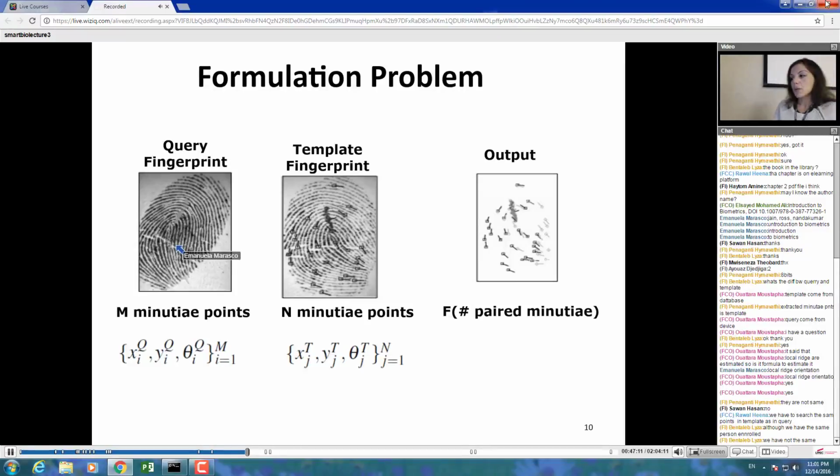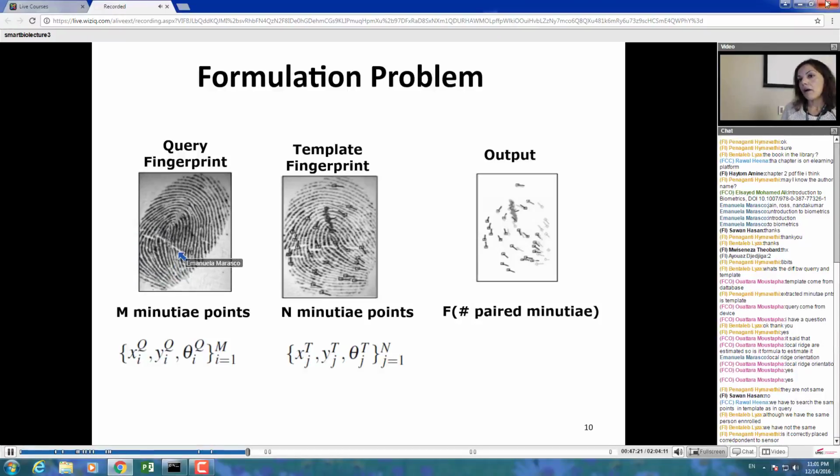So we have the same person, but if I place the finger in a rotated way on the surface of the sensor, then all the minutiae will be rotated, for example, 30 degrees or 45 degrees.